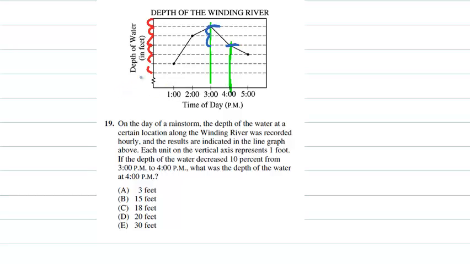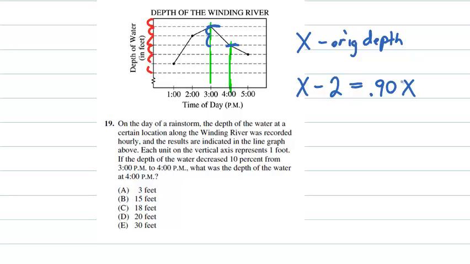So if I say that x is the original depth, I know that x minus 2 is equal to what it was later, which they said was a 10% decrease. 10% decrease would be 90% of what I originally had. So if I started 100, decreasing by 10, that leaves me with 90. So x minus 2 equals 0.90x.